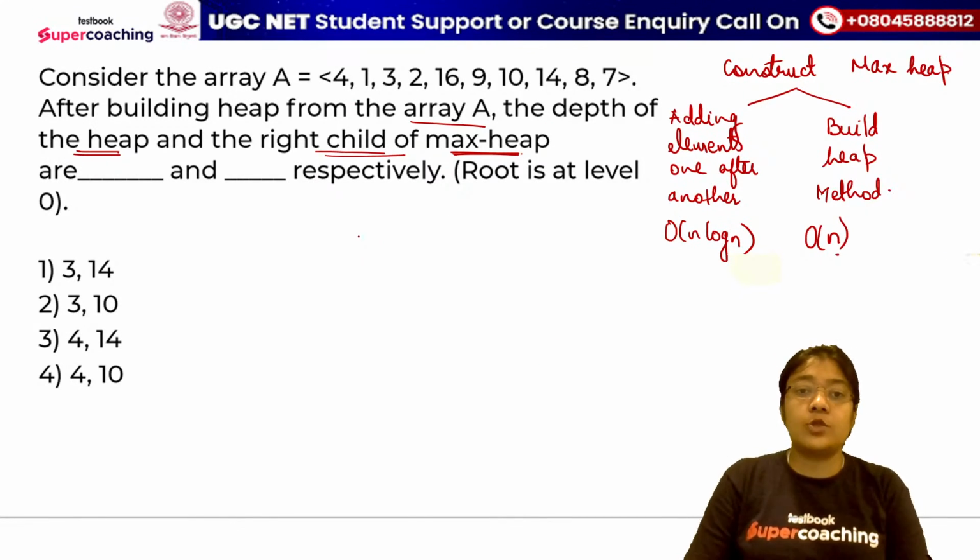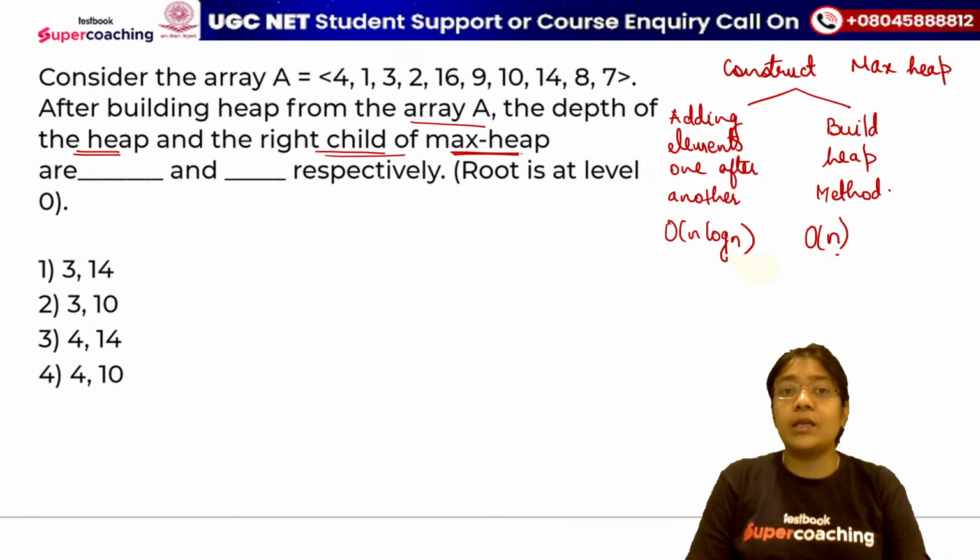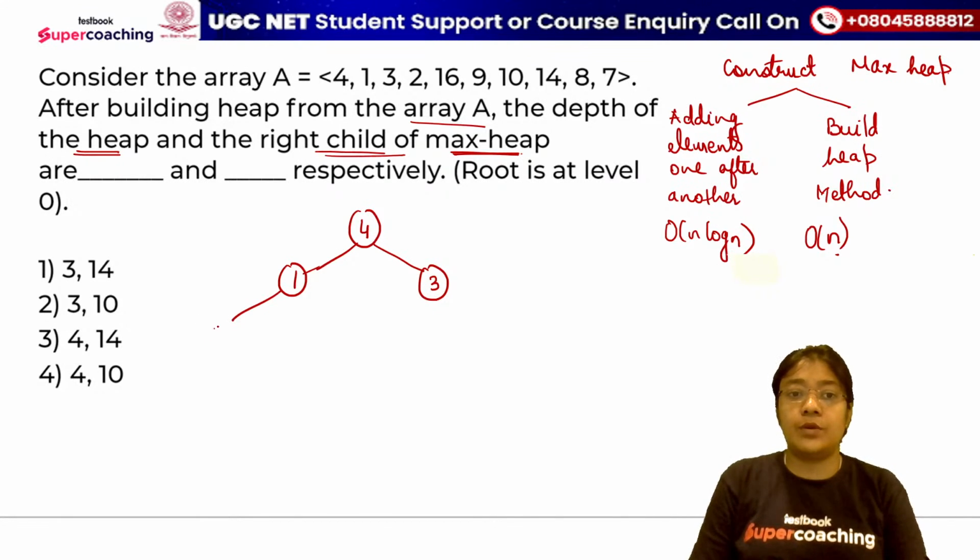So let's quickly construct the max heap. What does the build heap method say? In whatever order the elements are given to you, just add the elements: 4, 1, 3, 2, 16, 9, 10, 14, 8 and 7.